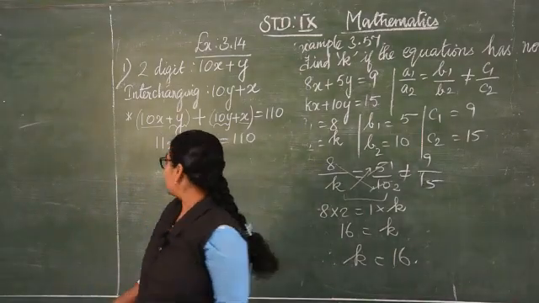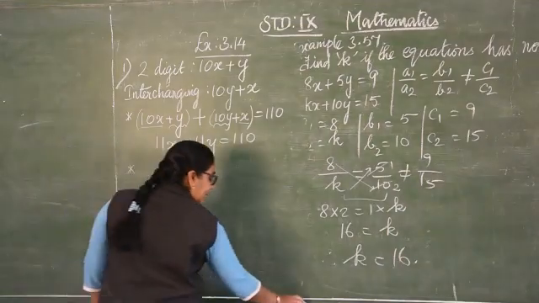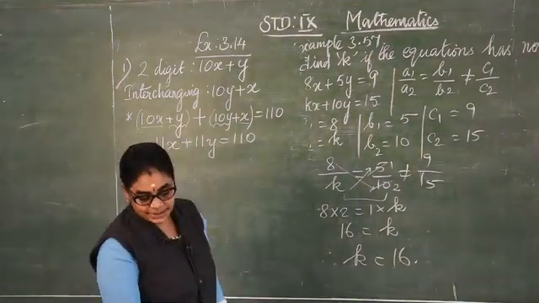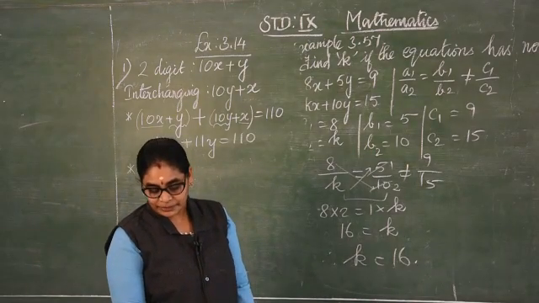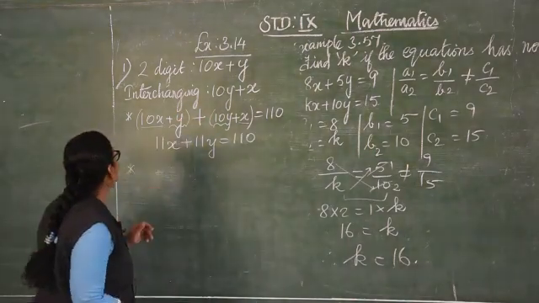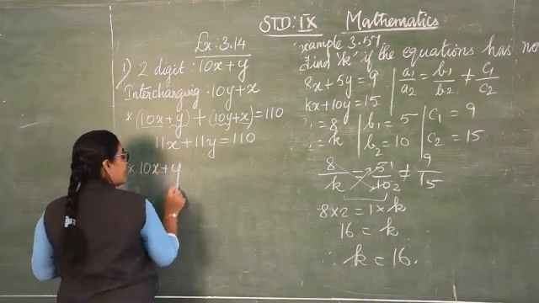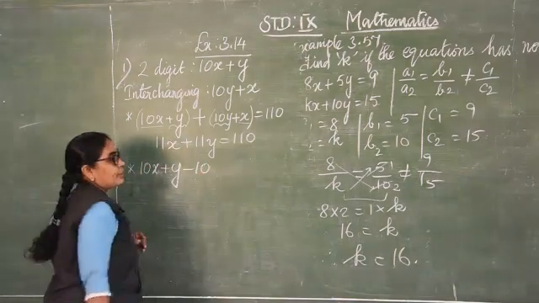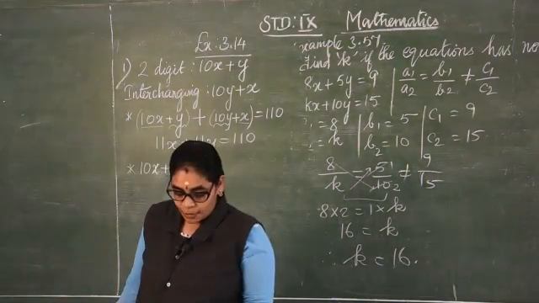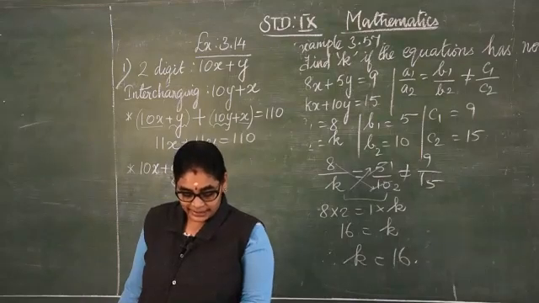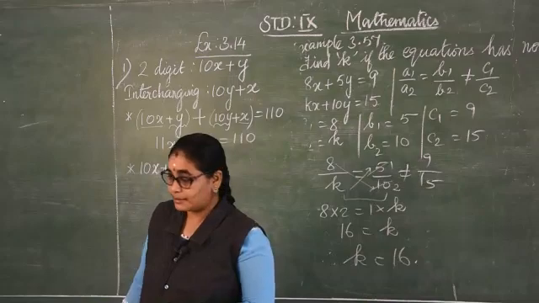Then the second equation, the second condition, we will go step by step. The second condition is: if 10 is subtracted from the first number, so from the first number we are subtracting 10. So 10x plus y minus 10. What will happen now? The new number is 4 more than 5 times the sum of the digits of the first number.